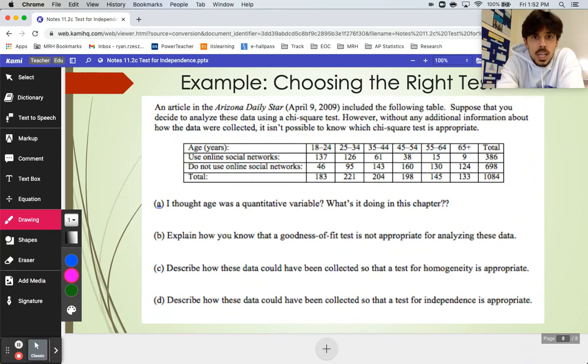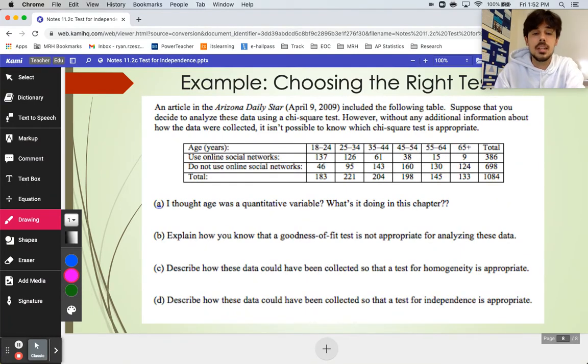So if you look at this data set right here, just to practice with what kind of test we're doing, we are looking at a table that contains people's ages and whether or not they use social networking. So those are our 2 variables, and are both of those categorical? Somebody's age is totally quantitative. Age is a number. So you would be like, should I be doing chi-square here? Is this something else?